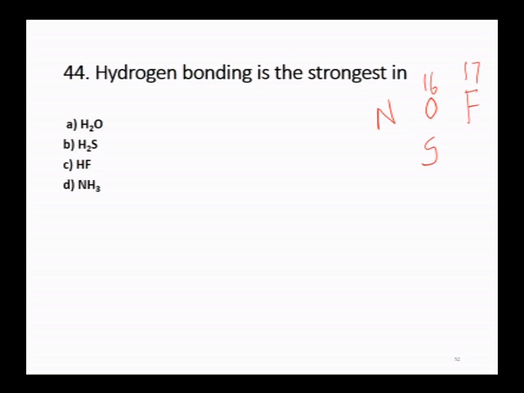As you know, hydrogen bonding takes place with highly electronegative elements. Among these elements, fluorine has the highest electronegativity, then oxygen, then nitrogen. Sulphur is not sufficiently electronegative. So among the options, water, H2S, hydrogen fluoride and ammonia, HF is the strongest in hydrogen bonding. So the answer is C.